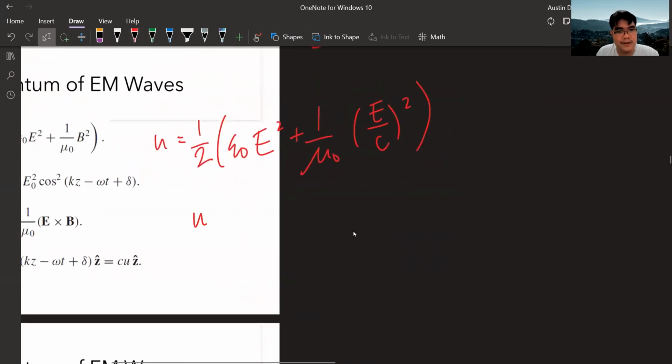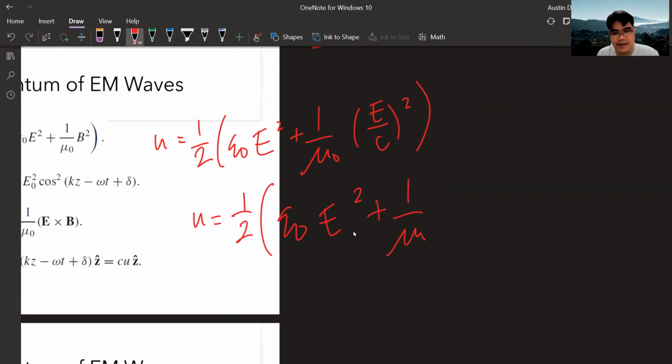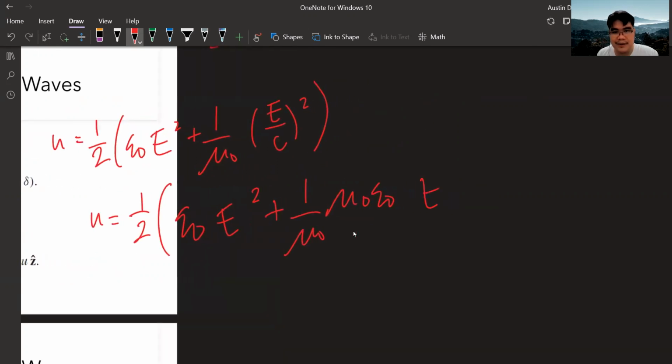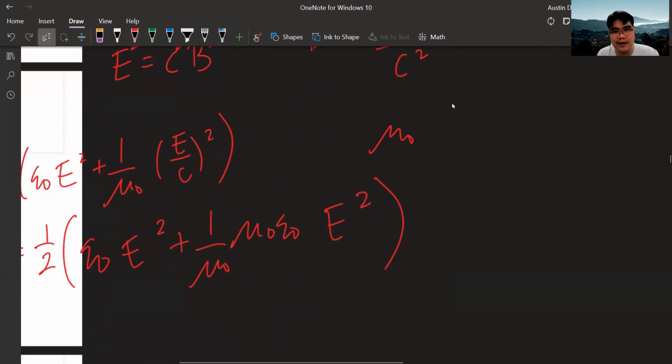Okay? So U is 1/2 epsilon naught E squared. Kita nyo na kung saan ito papunta. Ang c squared ay mu naught epsilon naught, tapos E squared. Tama? So, sinimplify ko lang to, no, guys? Yung c squared, di ba, mu naught epsilon naught, equal siya sa 1 over c squared.